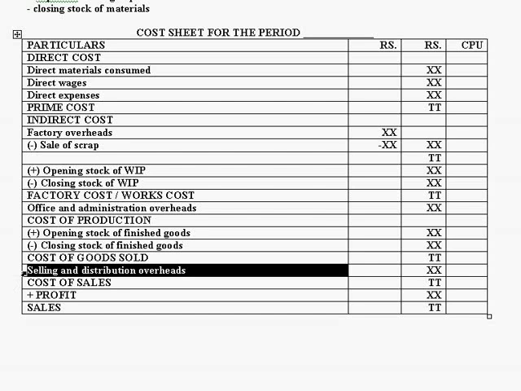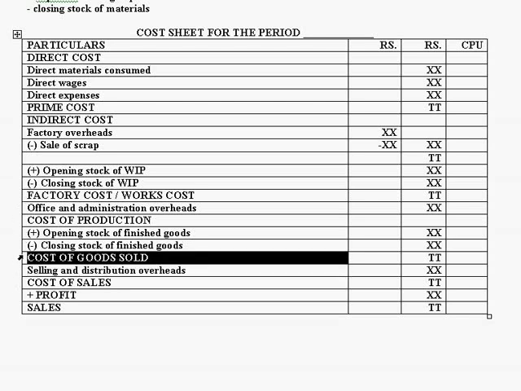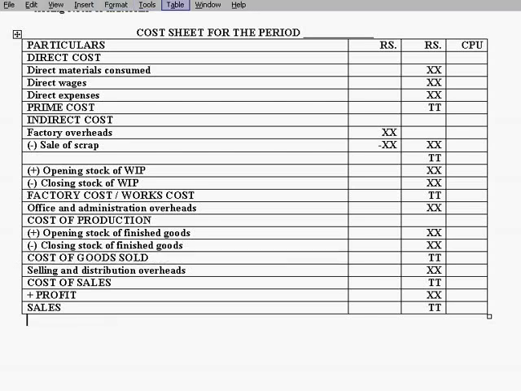Advertisement effect will come in selling and distribution overheads, and goods are going out. Again here, before cost of goods sold, you will have to deduct the cost of those goods. Why? Because you have not sold the goods. So before cost of goods sold, you will have to deduct the cost of goods distributed as free samples.